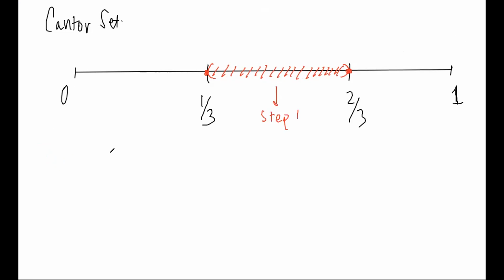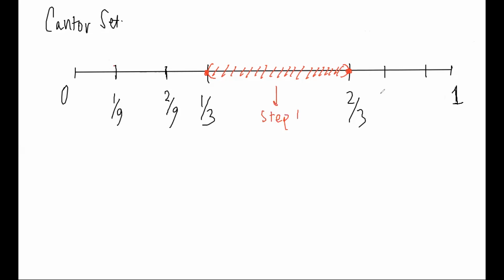Okay. Then you repeat the operation of cutting into 3 parts for the remaining intervals. So you will cut into 3 parts, right? Something like this. So definitely this will be 1/9, 2/9, right? And this part the same, you cut like this.